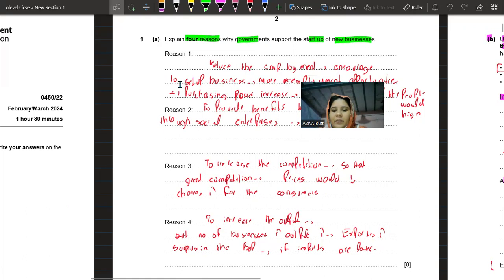They are not using any word related to your case study, and they didn't even use the name of the business. So in this question you have to write the general points, the general reasons why most governments support the startup of any new business.